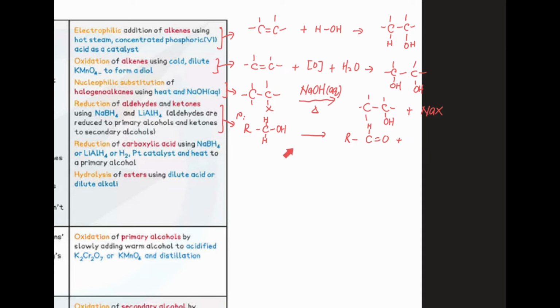And then there is another hydrogen supplied by the reducing agents, so they will form water also. So this is reduction of aldehyde to primary alcohol. Okay, so they will form water.